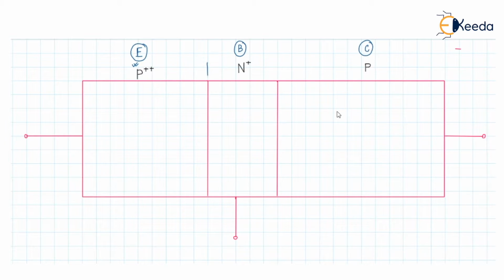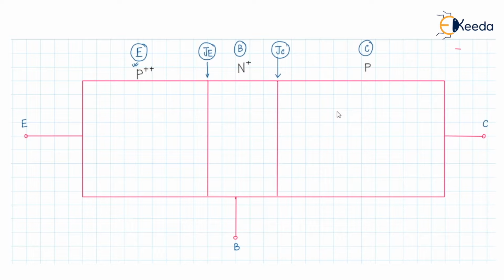From this we can see there is a JE junction, which is a PN junction, and similarly there is a JC junction, which is an NP junction. This is my emitter terminal, this is my base terminal, and this is the collector terminal.